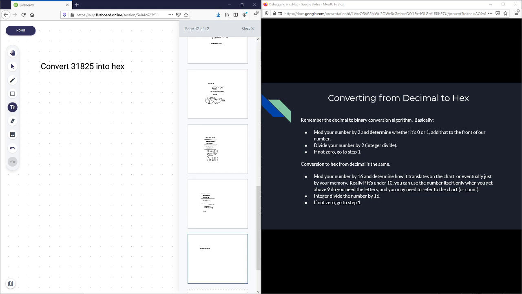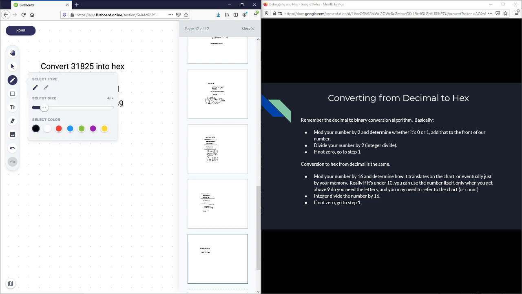So 31,825 mod 16 is actually equal to 1. Who knew that? And 31,825 divided by 16 is equal to 1989.